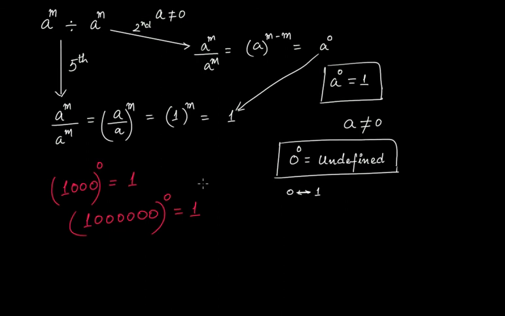Now there is another way to prove that a to the 0 power is equal to 1, that is, any number having the exponent 0 is equal to 1, and that I'll discuss in the next video.